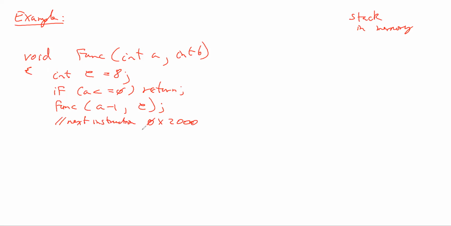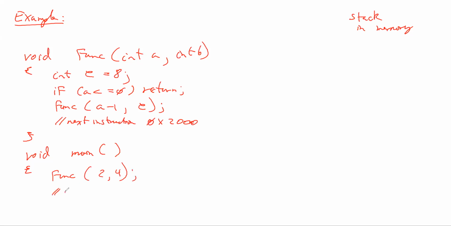Now, what type of function is this, when a function calls itself? It's recursive. Yep. So now we have void main, and void main calls function(2, 4).